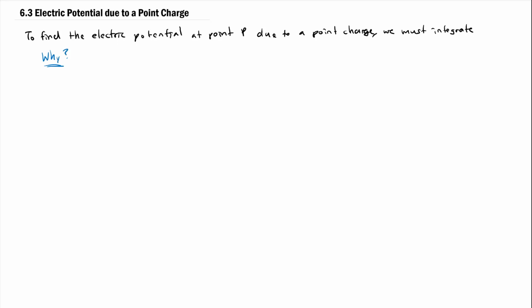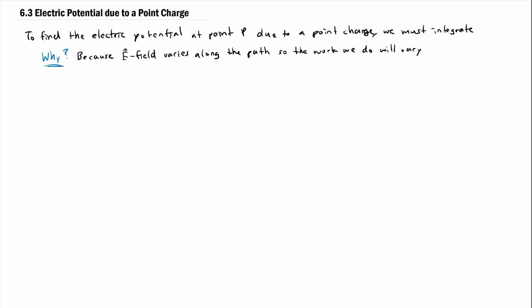So the first question we're going to ask is why we even have to integrate. And that's because the electric field is going to vary along the path. So that means the work that we do will change as well.